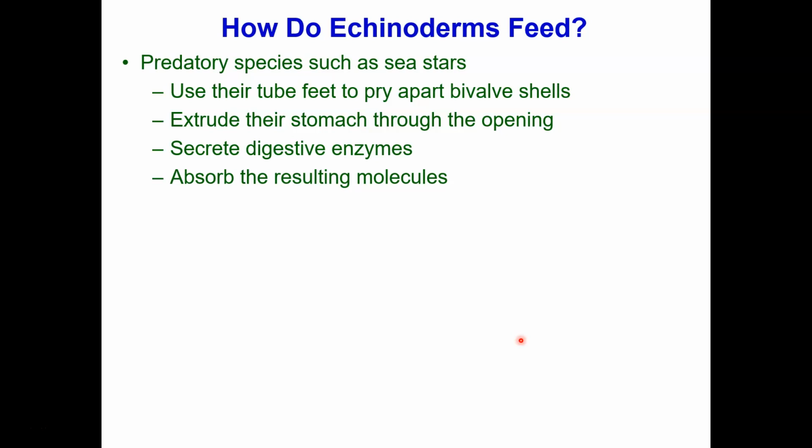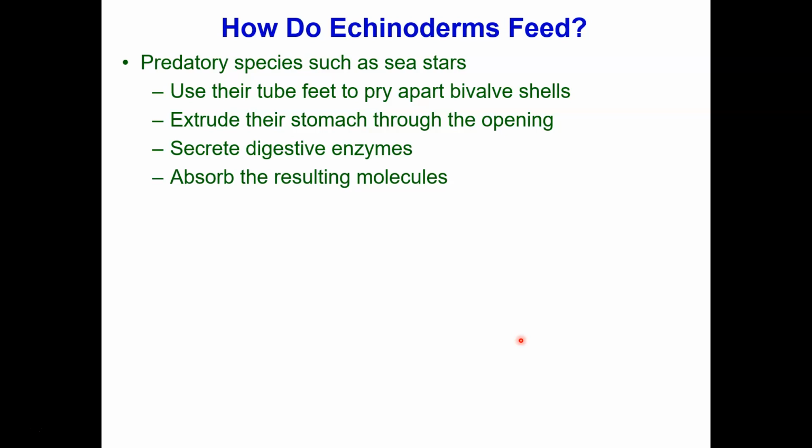With the water vascular system having a hydrostatic function, they can exert pressure through the tube feet, and the pressure itself can forcefully open the two bivalve shells. After prying open the bivalve, they invert their stomach from inside out through that opening in the bivalve shell, and the digestive juices are released into the bivalve.